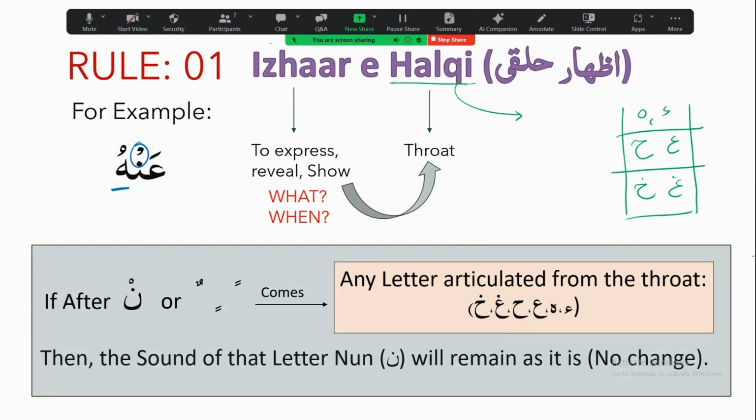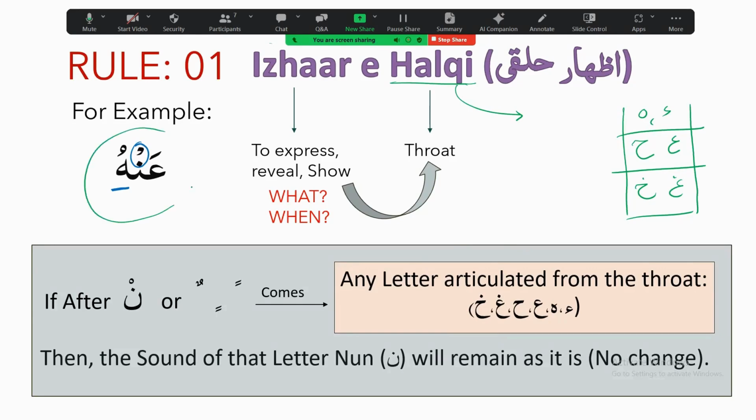Just simplify everything. Forget everything I've told you and see this word here. This is "anhu". In this word, you see a noon sakin here. That is why we are doing the rules of noon sakin and tanween. So let's read rule number one.